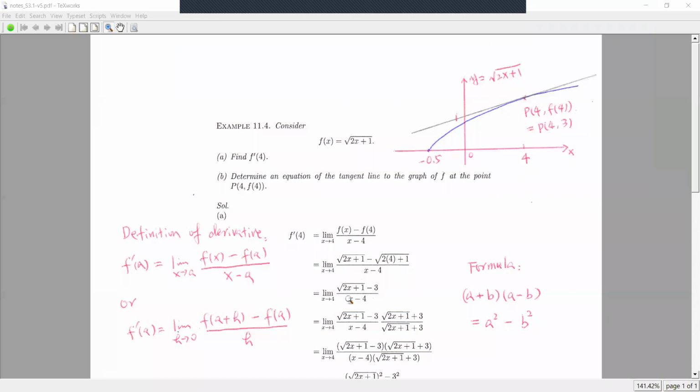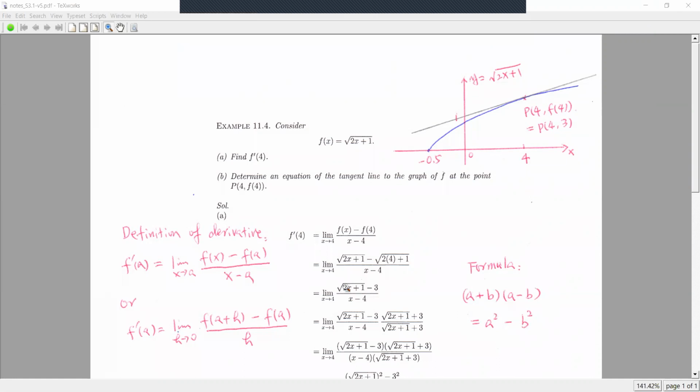Because the function contains a square root, I want to use the algebraic conjugate to simplify the function. That is, I want to use this formula to simplify the function. I want to use the square here to cancel the square root.